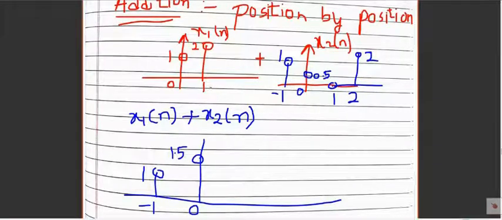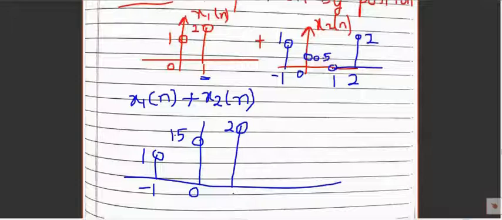At first position x1n has amplitude 2, x2n has amplitude 0, so 2 plus 0 that means 2. And at second position x1n has amplitude 0, x2n has amplitude 2, so 0 plus 2, 2. This is how we will do the addition of two sequences.